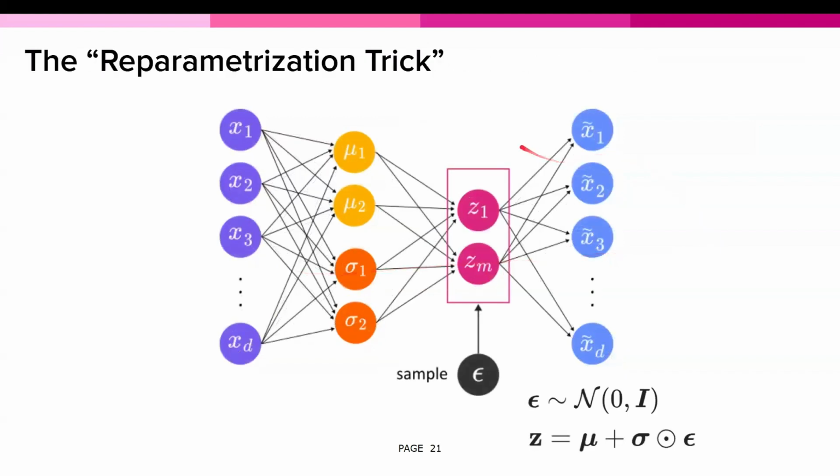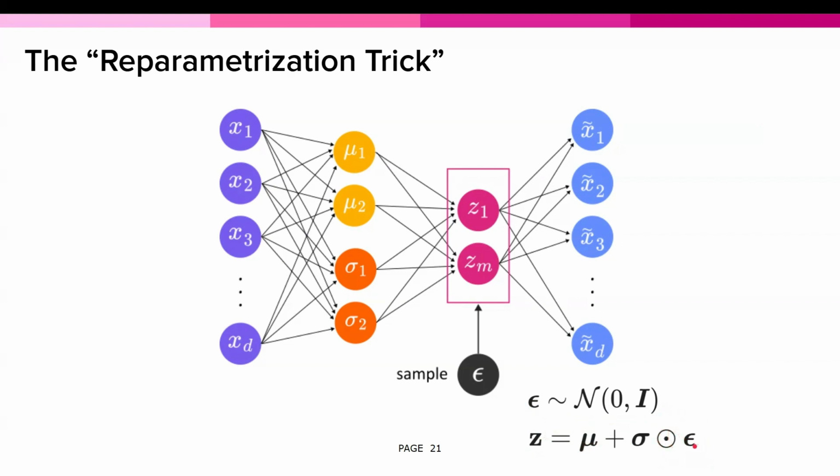To get around this, we use a pretty clever workaround called the reparameterization trick. The idea here is to move the randomness out of the latent variable z and into a separate noise variable epsilon, which follows a standard Gaussian distribution. We redefine z as a deterministic transformation of mu, sigma, and epsilon.